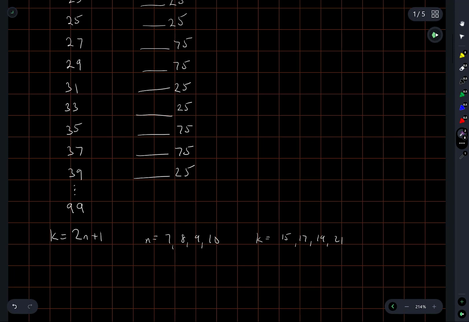So if we continue this pattern all the way down to 199, this is 1 less than a multiple of 8, namely, it is 1 less than 200.